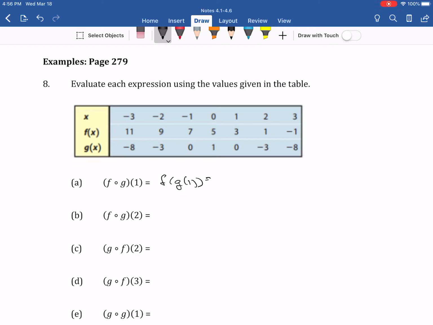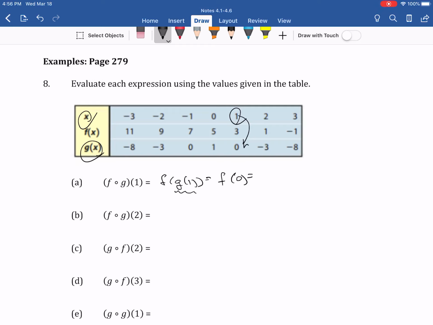All right, so this means first, tell me what g of 1, the inside part, is equal to. So g of 1 means you go to your table, you locate the input x equaling 1, that's my input, you put that into function g, and the output that you're going to get is 0.